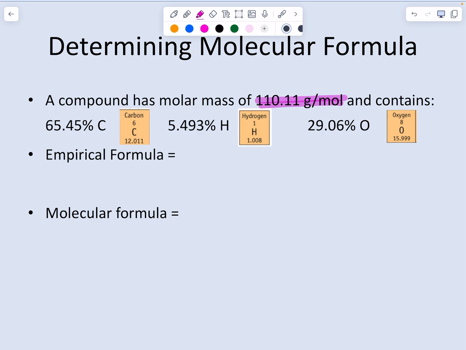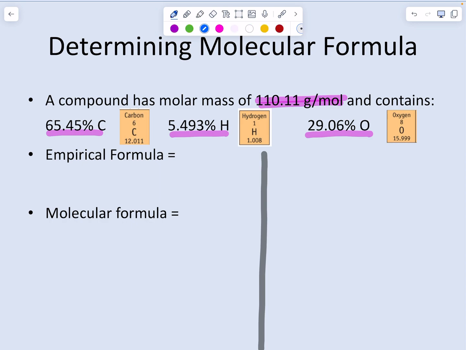What we're going to use before that are our percent compositions. So we've got oxygen, hydrogen, and carbon, okay? So for each of these, we are going to first start by figuring out the mass ratio, or the molar ratio.